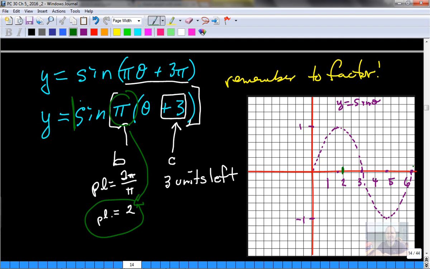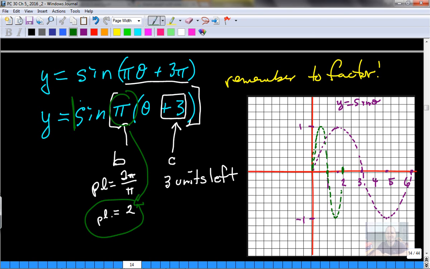So the b value is pi, or 3.14, and that means the graph is going to get squished up, right? Because it's greater than 1. And so we see that here it's getting squished up quite a bit. So it's going to be kind of a tall graph, but we have to sketch it now like this, going up and then coming down.